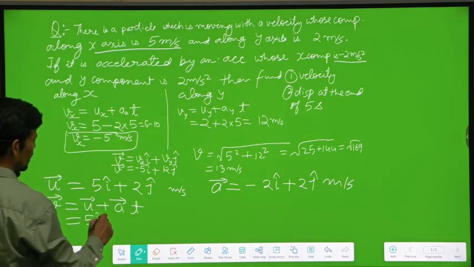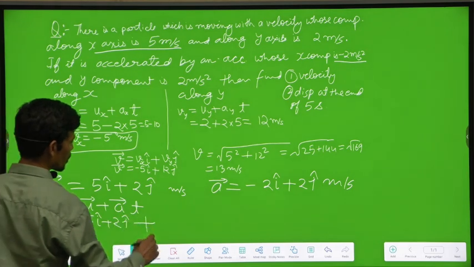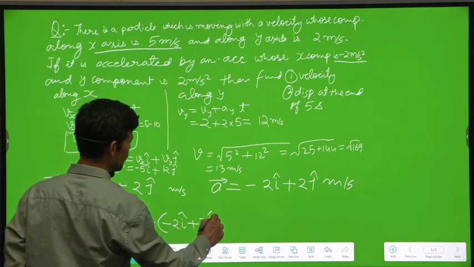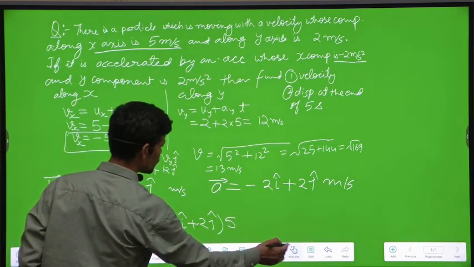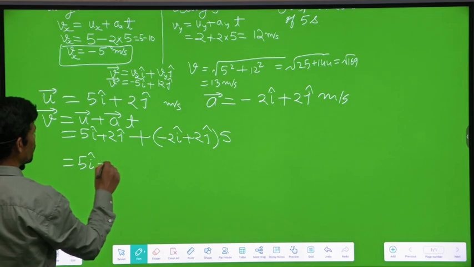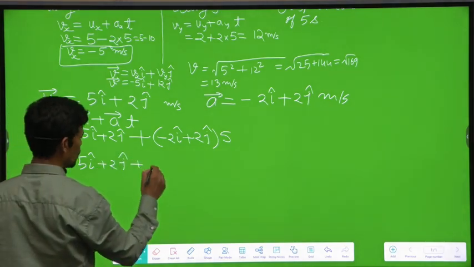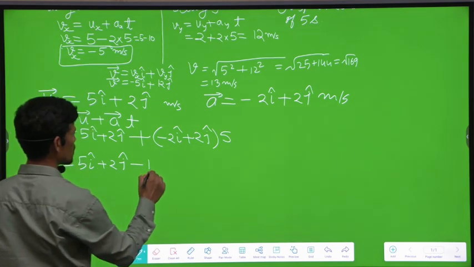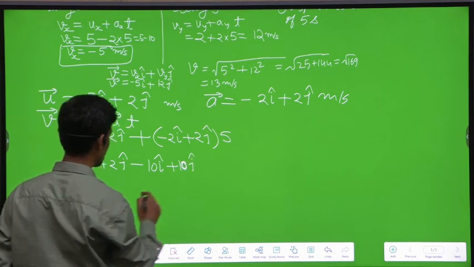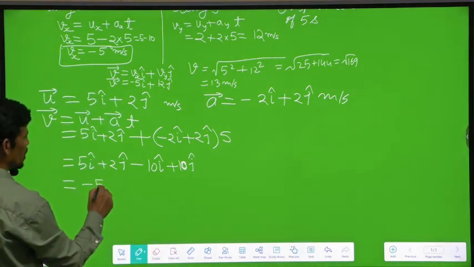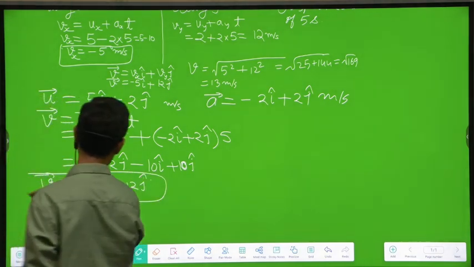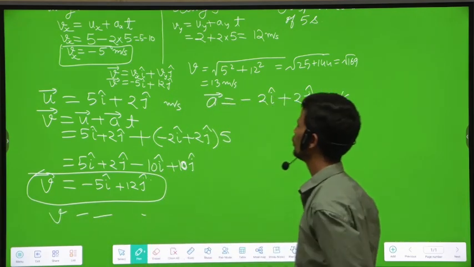U vector 5 i cap plus 2 j cap, plus minus 2 i cap plus 2 j cap multiplied by 5. 5 i cap plus 2 j cap plus minus 10 i cap plus 10 j cap. It is minus 5 i cap plus 12 j cap. And we can find the magnitude, so you can do it yourself.